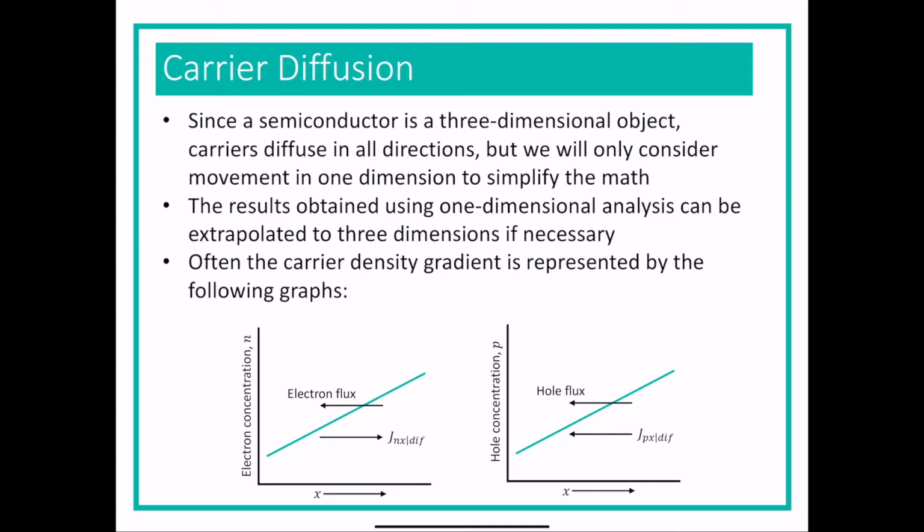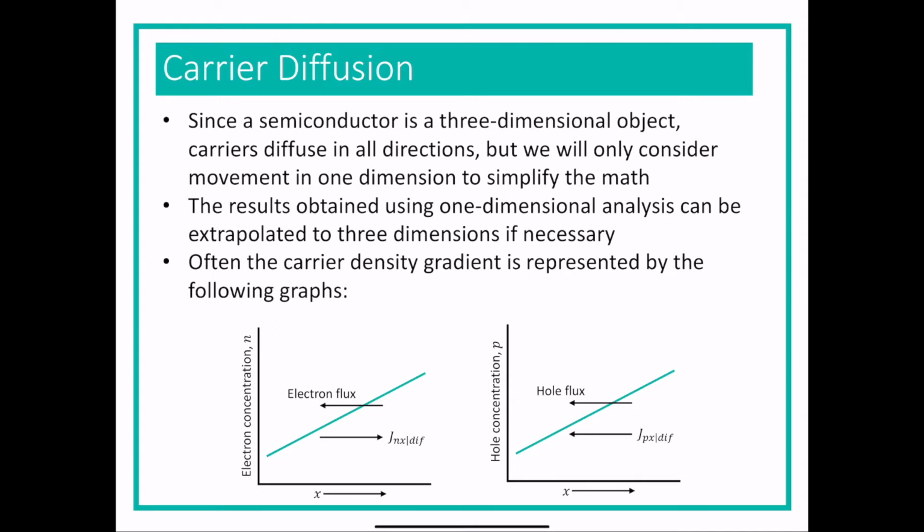According to both of these graphs, the hole concentration and the electron concentration is increasing as that distance increases. So there would be a linear function that described this gradient, and whatever that linear function might be, that would describe how this concentration worked in one dimension.